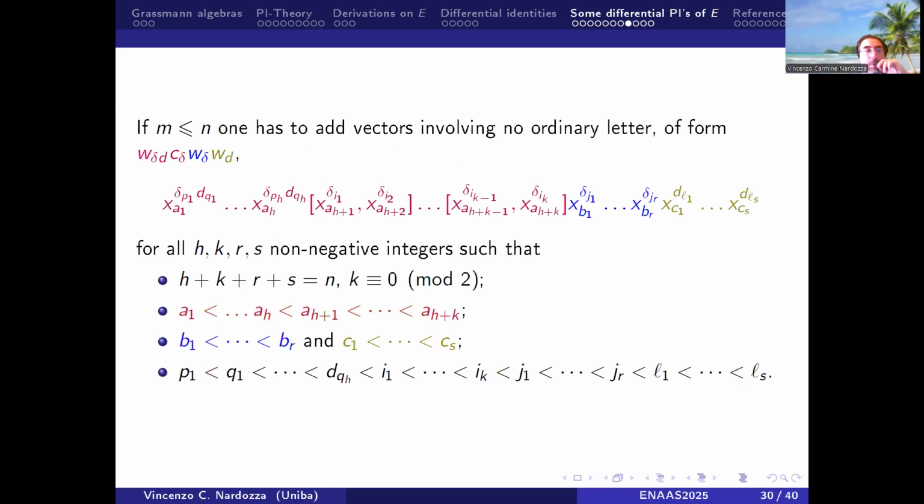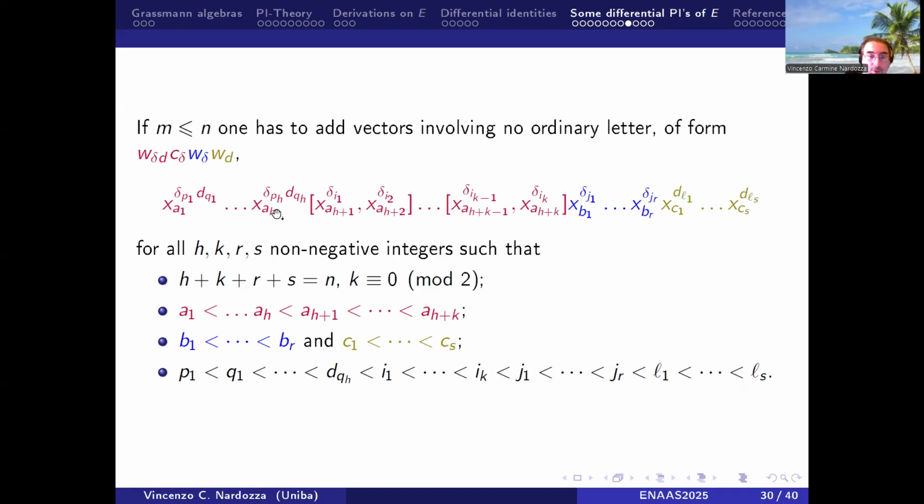But if m is less than or equal to n, to those vectors one has to add further vectors involving no ordinary letter at all, of this form, which is more or less described. I think it would be understandable.